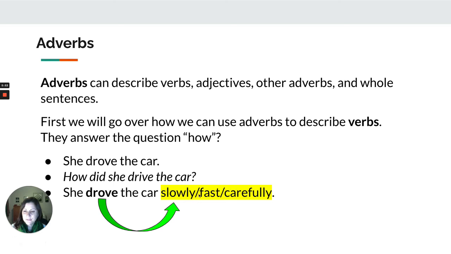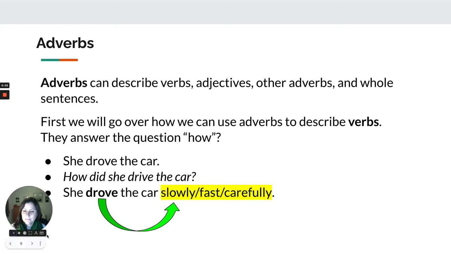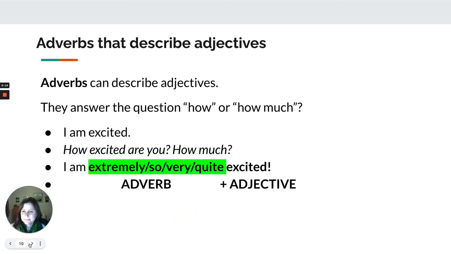We put the adverb usually at the end of the sentence, but it can go other places too. You can also put the adverb before the verb, like she slowly drove the car, for example. Adverbs can describe also adjectives, and they answer the question how or how much.